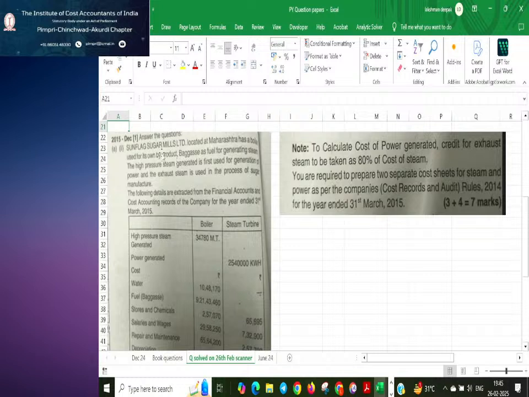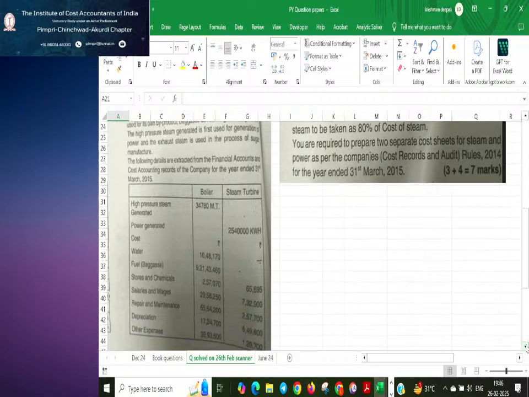So Sunflag Sugar Mills Limited, located at Maharashtra, has a boiler used for its own byproduct, bagasse, as fuel for generating steam. The high pressure steam generator is first used for generation of the power, and the exhaust steam is used in the process of sugar manufacture. The following details are extracted from the financial accounts and cost accounting records of the company for the year ended 31st March 2015.